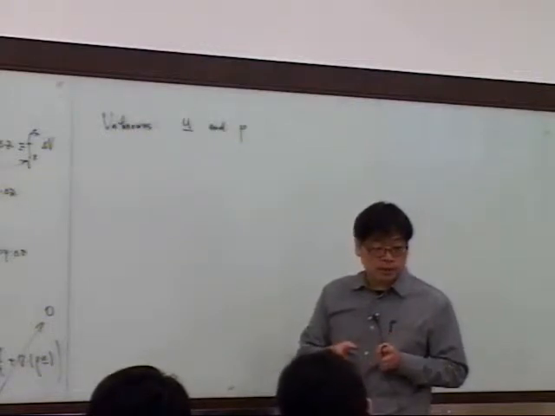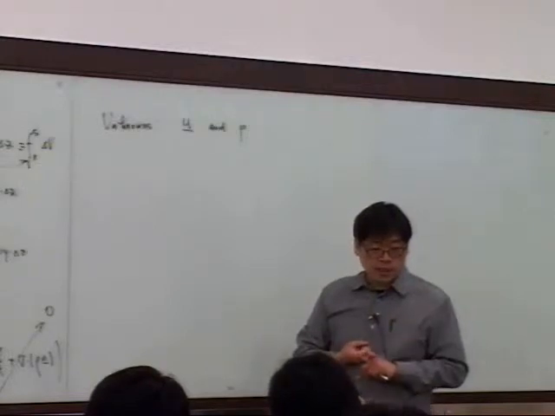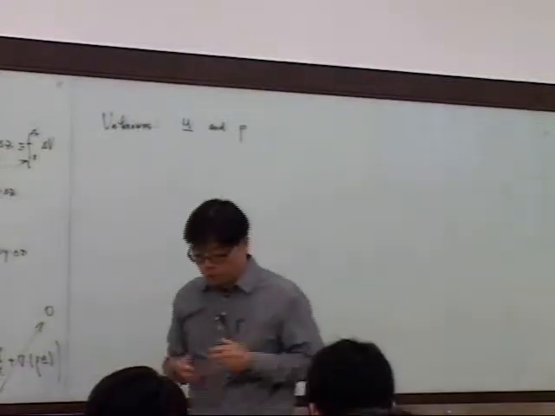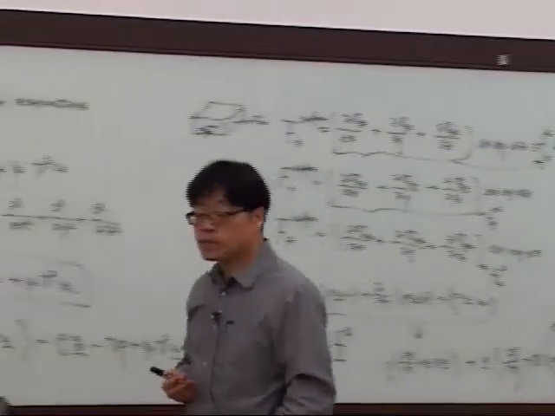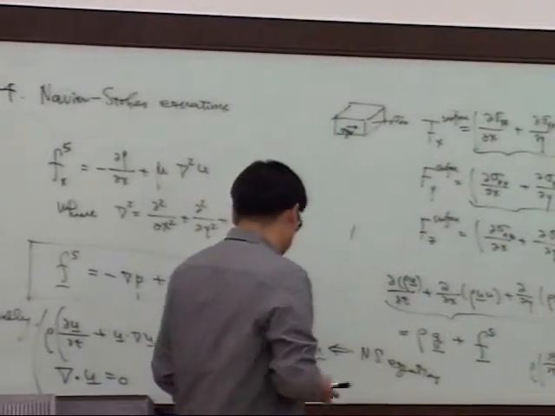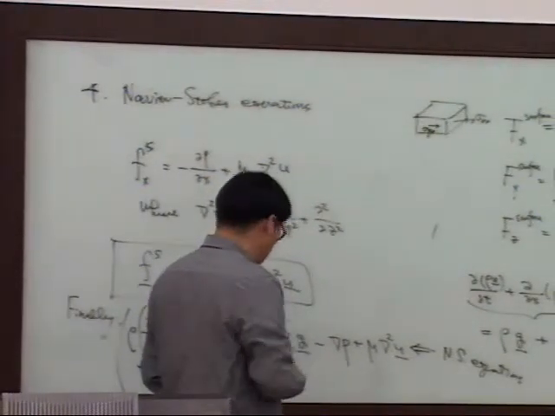So once you fix a fluid, your density and viscosity are fixed, and then gravity is always 9.81 meters per second squared on the Earth, so it doesn't change. And then all you have to do is solve for u and p.